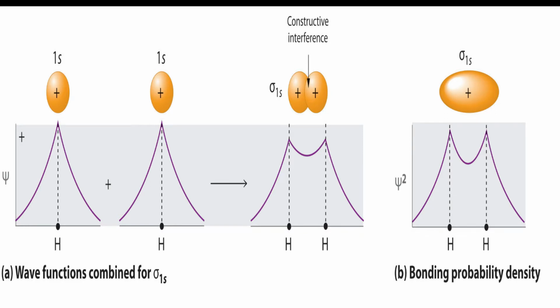See, it is interesting here. Generally we think positive and positive means repulsion. That is in particle mechanics, classical Newtonian mechanics. But in quantum mechanics, positive and positive means addition, attraction, decrease in energy.